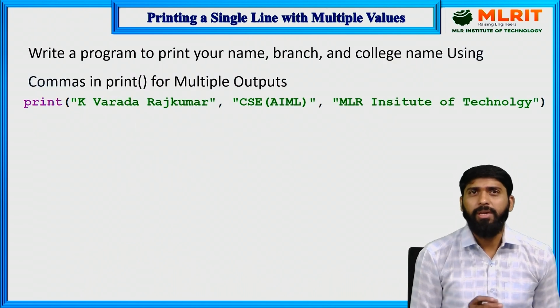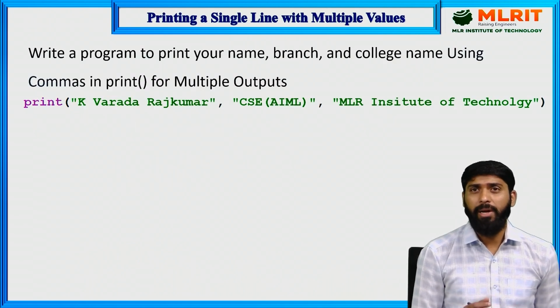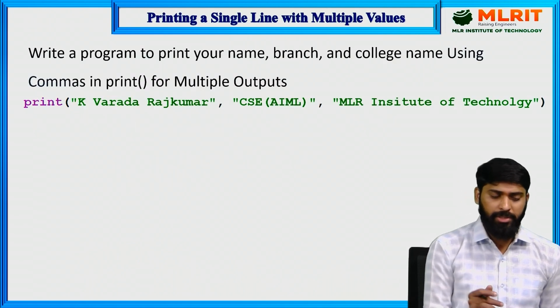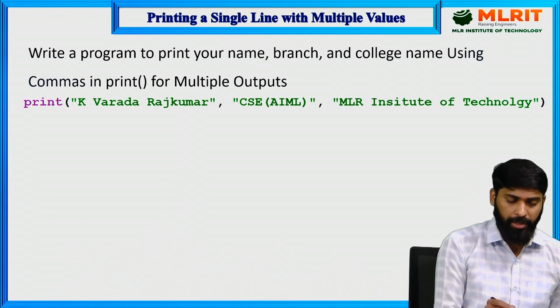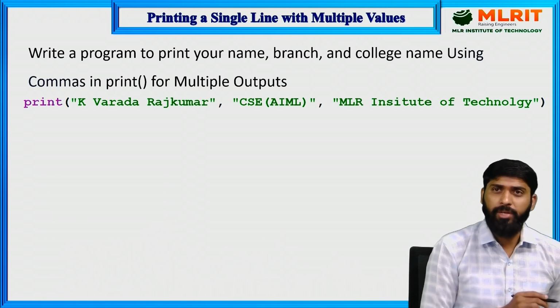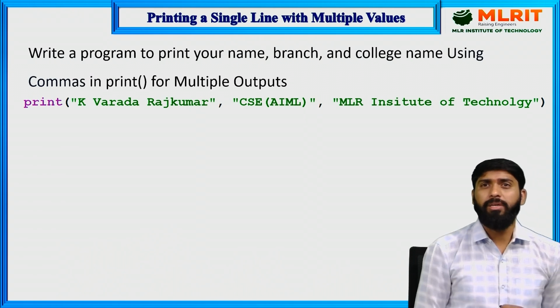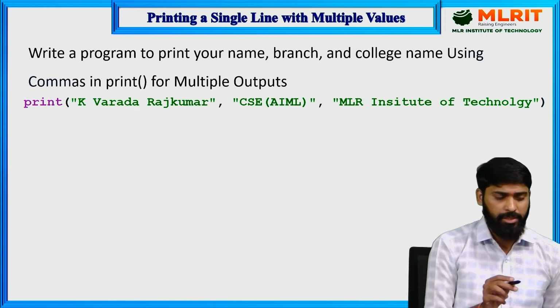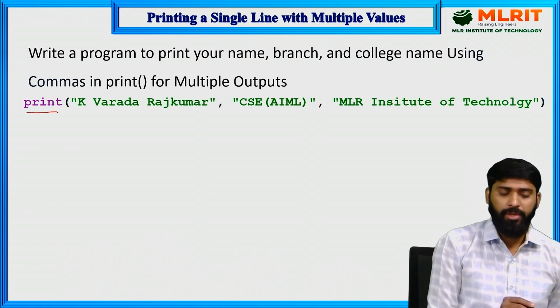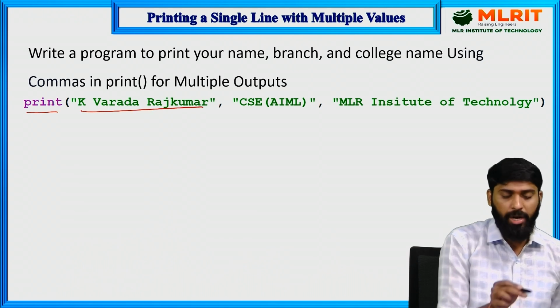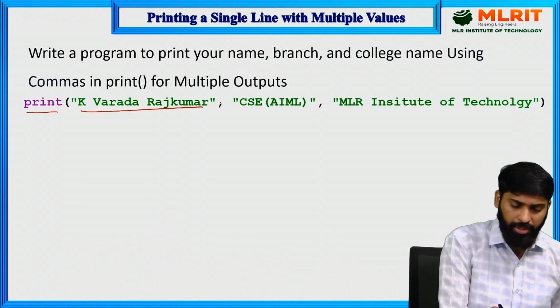So, printing a single line with multiple values. That means in this case I want to print the same as the previous program, but I use only one print statement. So how? Print, I write the first output message, then I use a comma here.